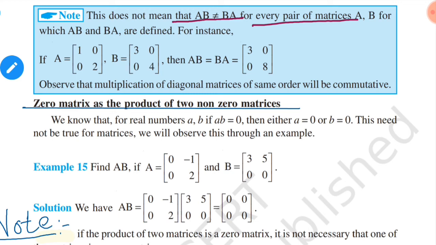For example, if A equal to matrix 1 0 0 2, a 2 by 2 matrix, and B equal to matrix 3 0 0 4.